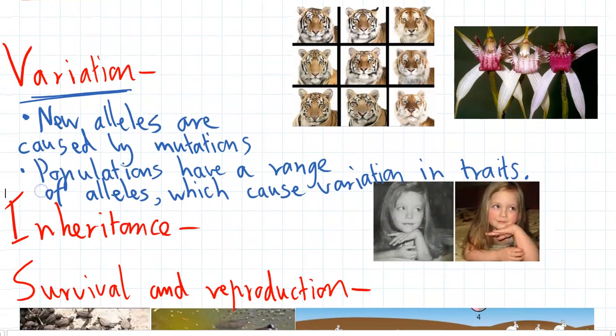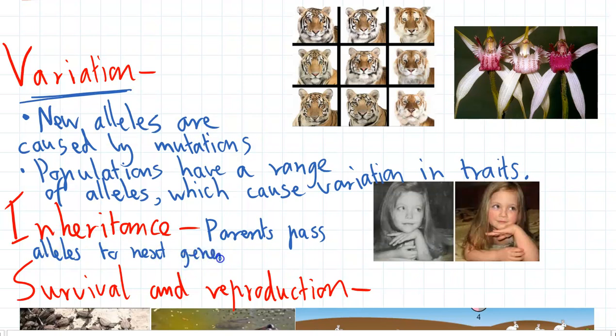Okay, inheritance. Well, we learnt lots about inheritance already, so we know that parents pass on their alleles to the next generation. And we also know that they're only passing a random 50% of their alleles to the next generation, and the other 50% are coming from the other partner.